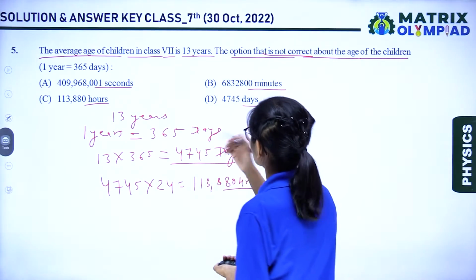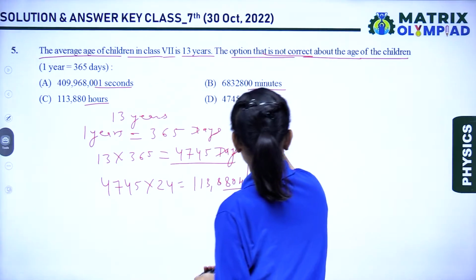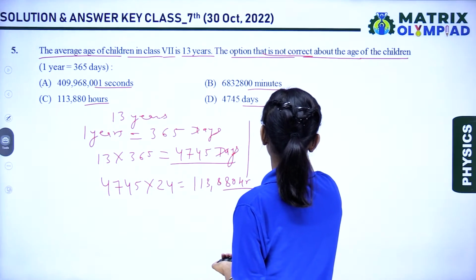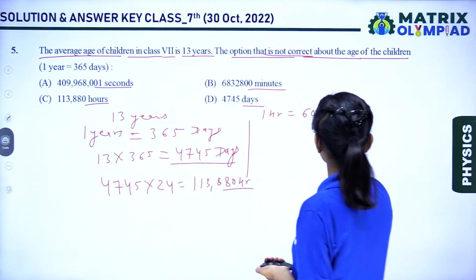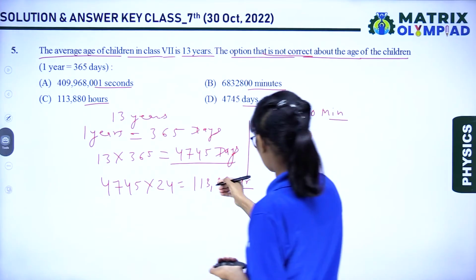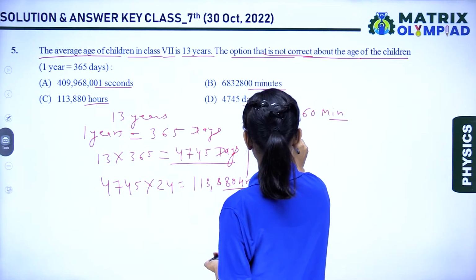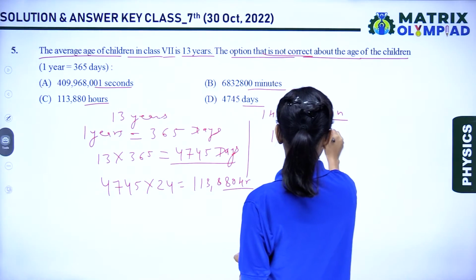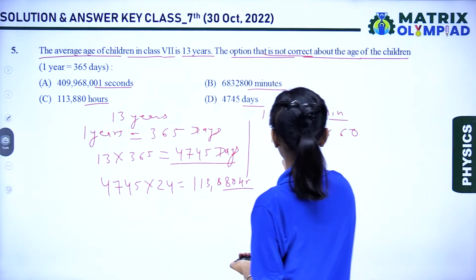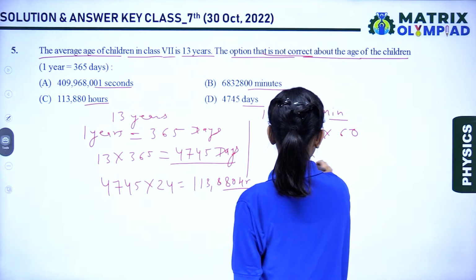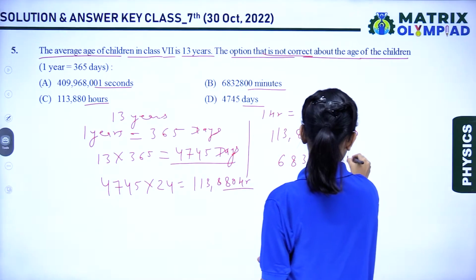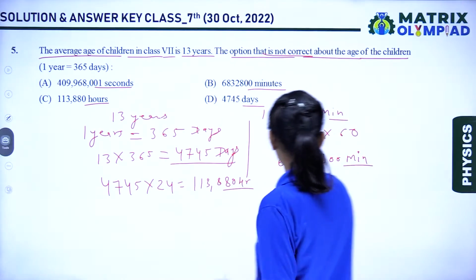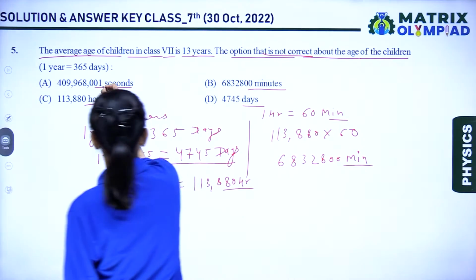And now we convert this value into minutes. Know that in 1 hour how many minutes are there? There are 60 minutes. So just multiply this value by 60. Then we get 6832800 minutes.